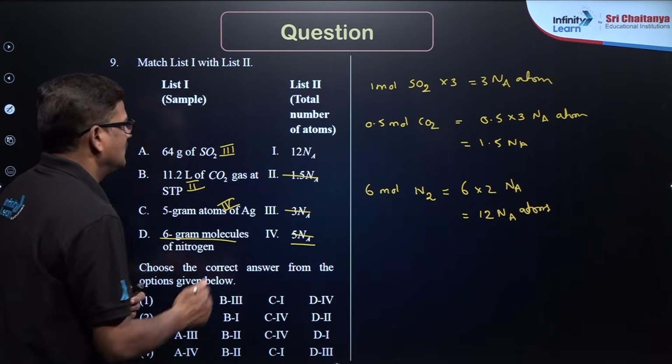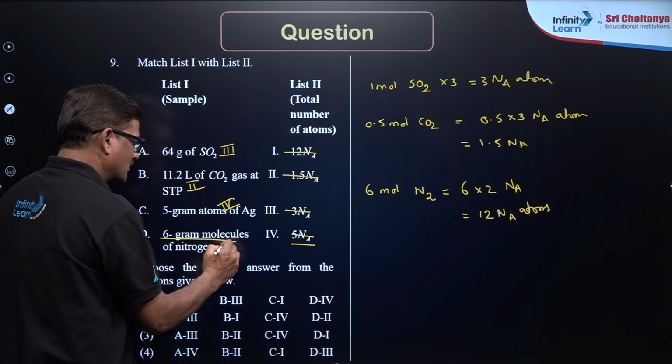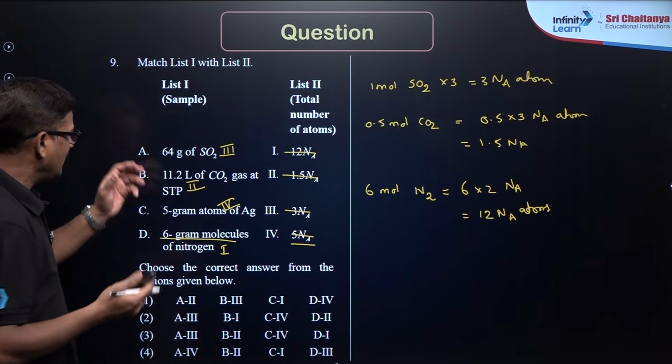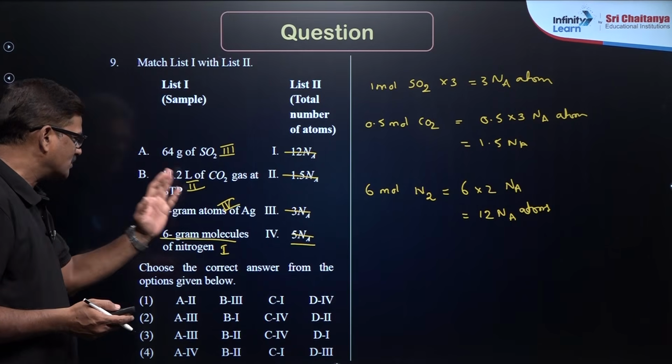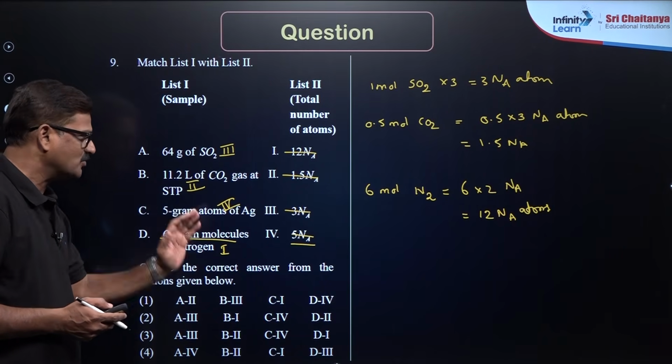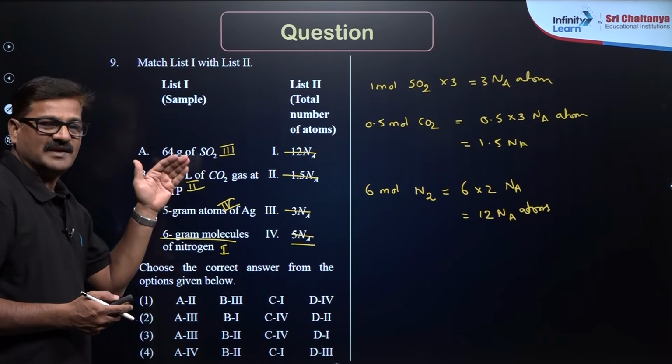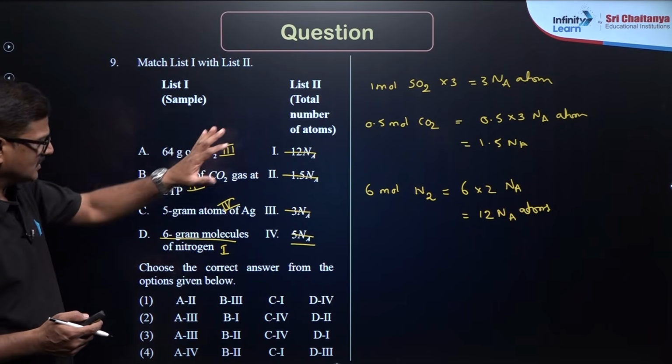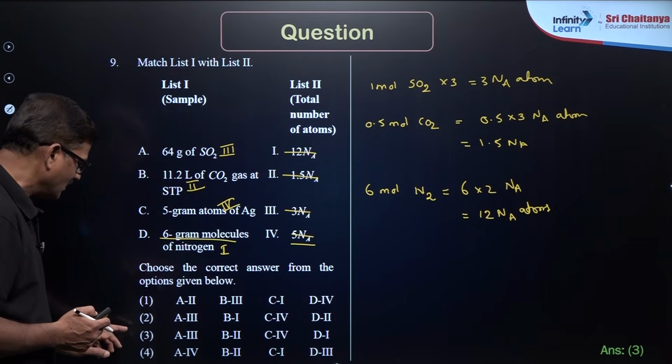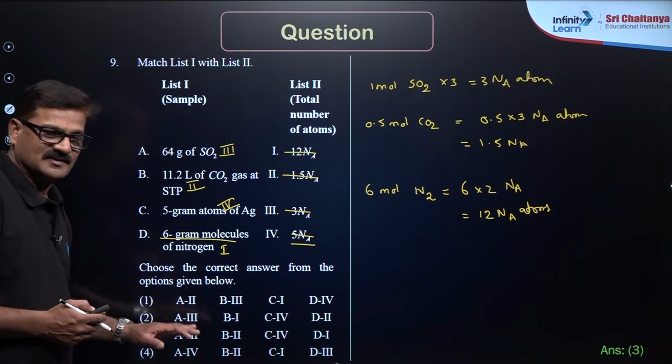So it is 1. So A matches with 3, B matches with 2, C matches with 4, D matches with 1. When matching type questions come, you have to do them meticulously. Option 3 is the correct answer for this question.